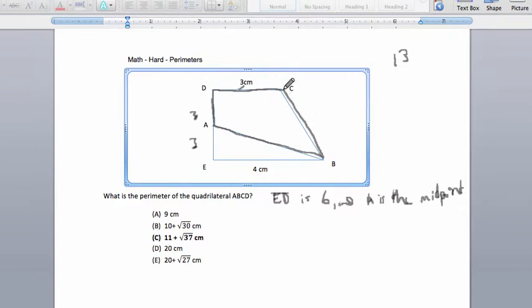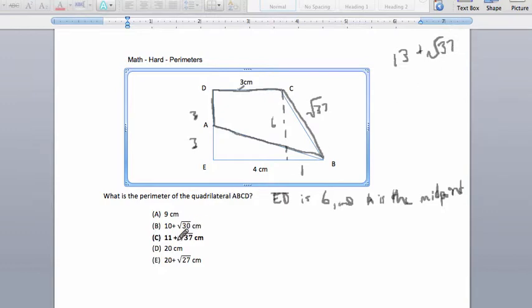Then I was trying to find this piece right here, and I did that by saying, well, this is 1 and this is 6, so this would be the square root of 37. So what I ended up getting with this one was the answer 13 plus the square root of 37.